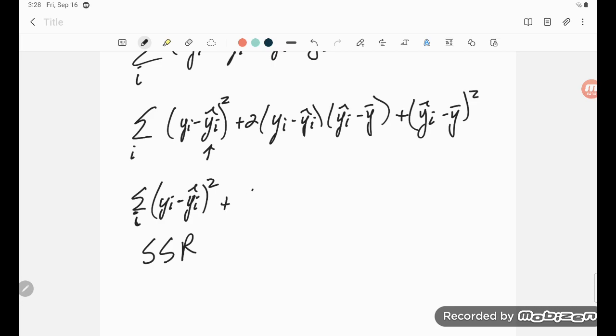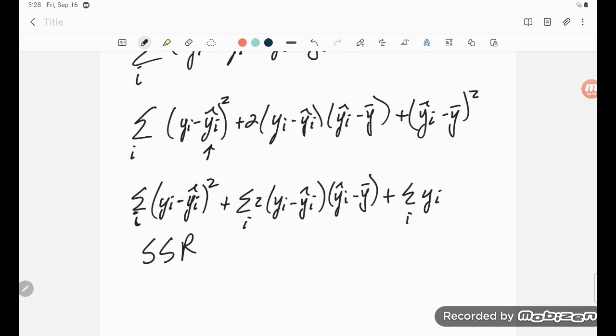Then I've got this middle term here, and then the final term, over i's, yi hat minus y bar squared. And so I'm just going to call this a mixed term.